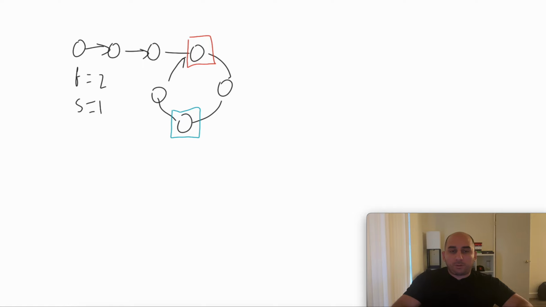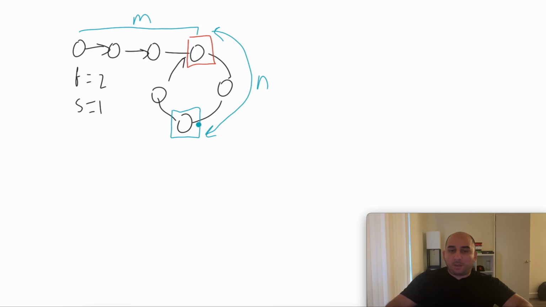For the starting point, let's mark the distance from the beginning to the beginning of the circle as m. And let's mark the distance from the beginning of the circle to the point where these two, fast and slow pointers, meet as n.